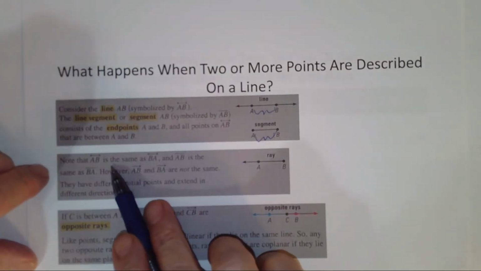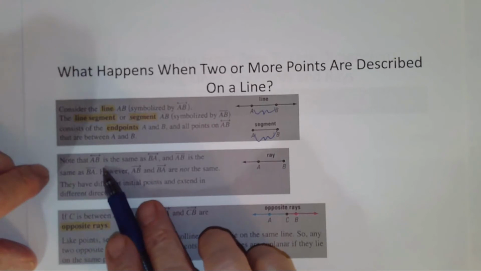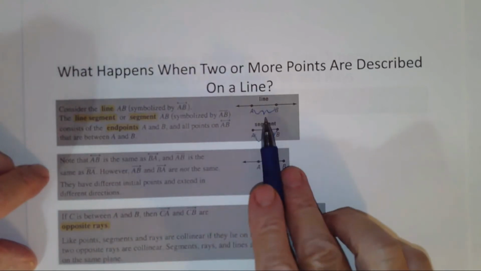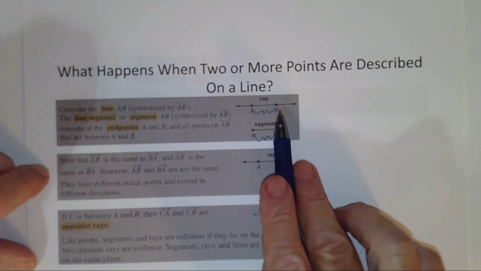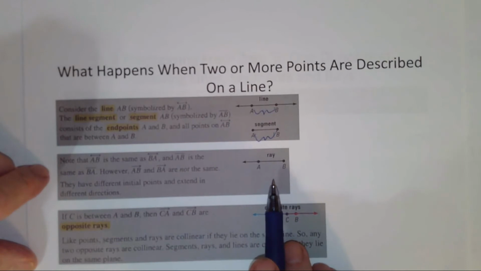So in contrast to that, line AB is the same as line BA. Now, why is that? Well, it's because if you go up here and you look at the line, you'll note that they go in both directions. There is no endpoint. So you could switch those around easily, but not with a ray because it has an endpoint.